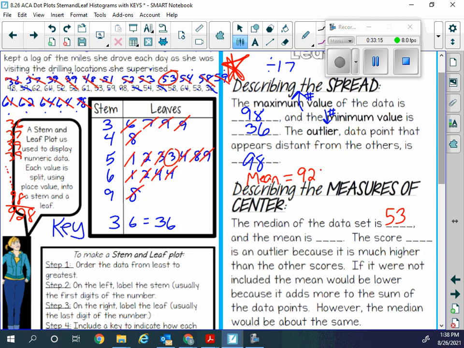It would be 928 divided by, not 2. How many pieces of data do we have? 17. Remember when I got that from counting? So now we're going to do 928 divided by 17.